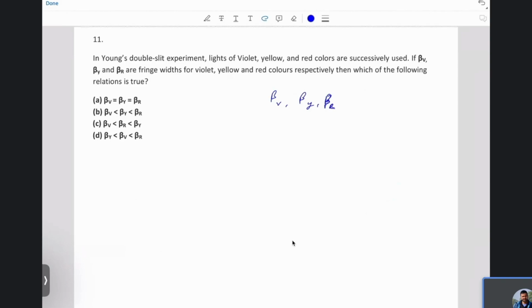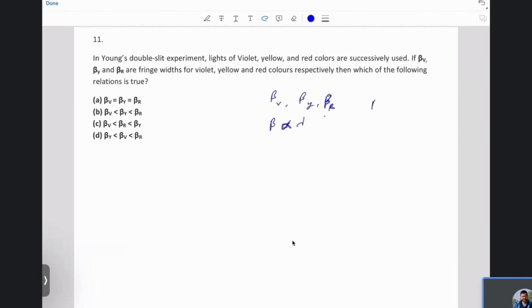Now, as I told you, beta depends on lambda, directly proportional to lambda, and we know that red has the highest wavelength.